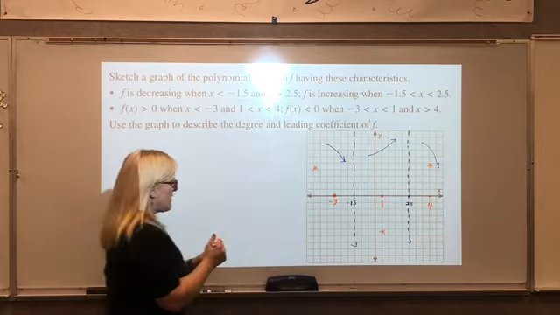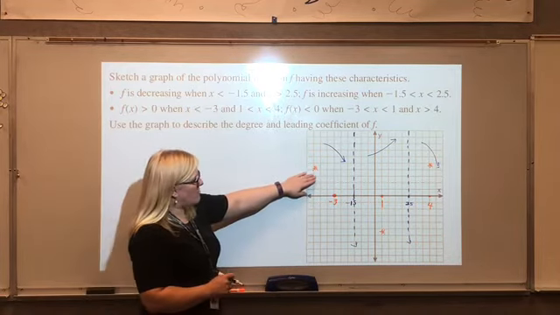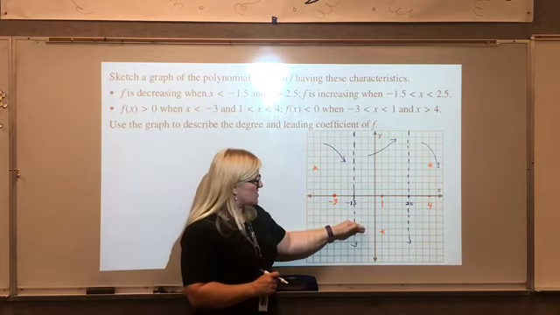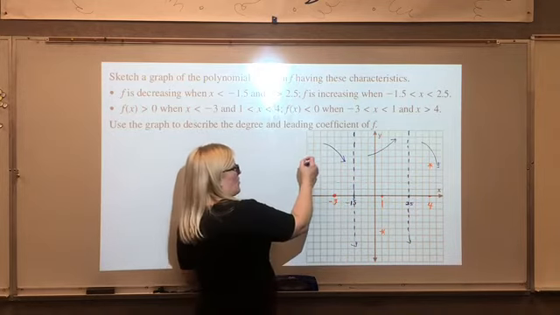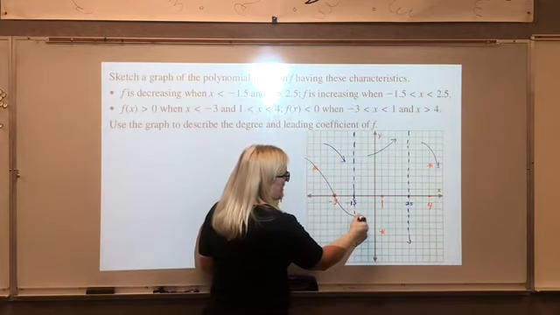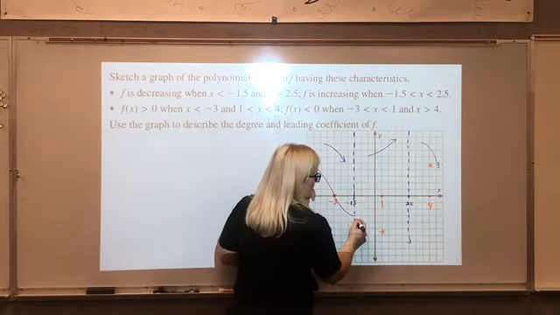Okay, so now let's look at how we're going to do this. It starts off positive, and it's got to cross here, but then it's going to switch directions on these lines. So I'm coming down, crossing through here until I get to here, and now I'm going up, but I've got to cross through here.